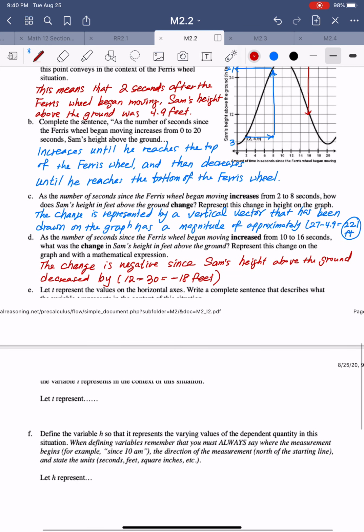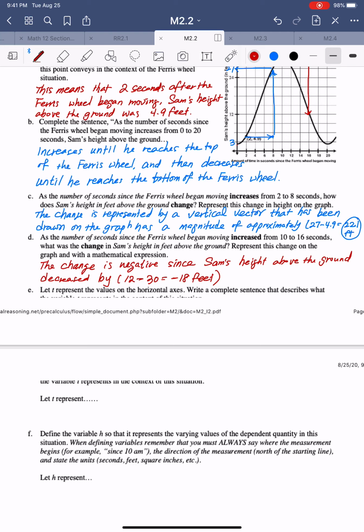And then the letter E was not that clearly shown here, but the letter E says, let T represent the value of the horizontal axis, which is the seconds. Write a complete sentence that describes what value T represents in the context of this situation.